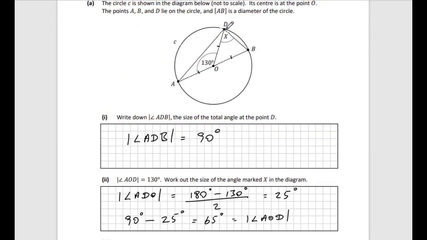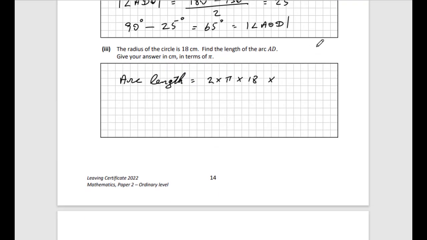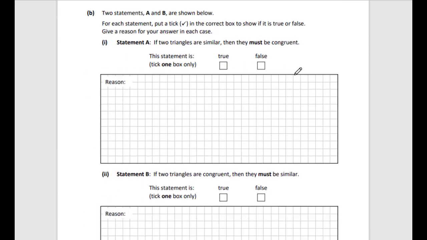So what fraction are we talking about? We're talking about going from here to here. So the fraction is going to be 130 over 360. So it's 130 degrees over 360 degrees. So you can stick all that into your calculator, and what you end up with is just 13 pi. We have to find the length, so that's in centimeters. That's it. Okay, part B.